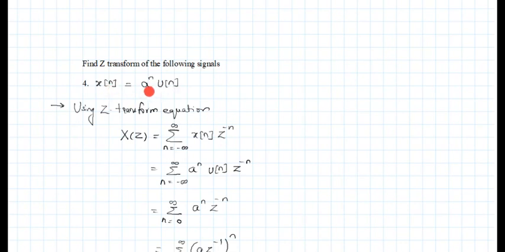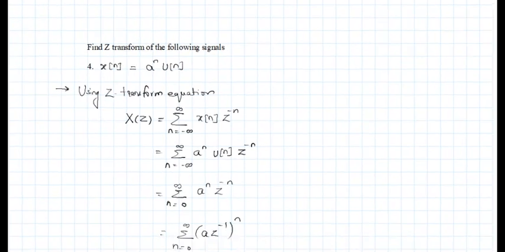So here a raised to n u[n] is an input sequence which is of infinite duration. u[n] is a standard signal, the unit step signal, right? So it extends from 0 to infinity, an entirely right-handed sequence, an infinite right-handed sequence. Okay, so let us try to find the Z transform of such a sequence.